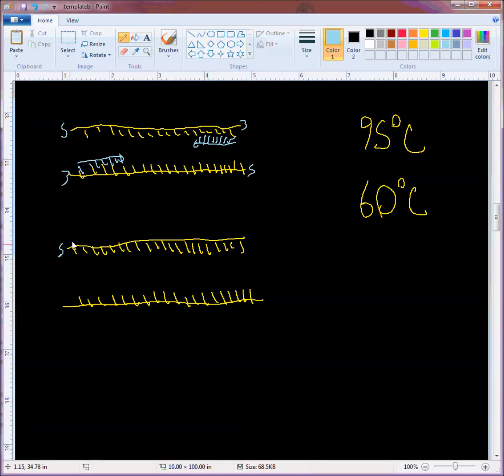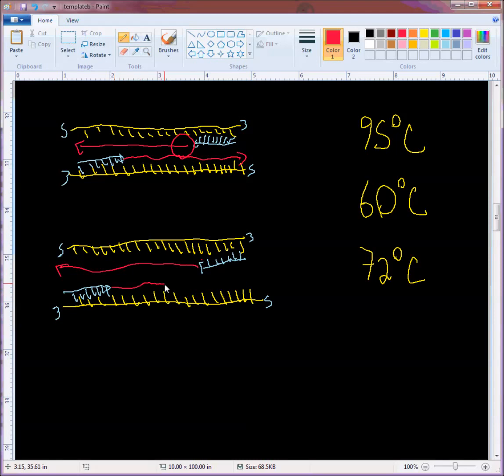Remember, the primers have 5 prime and 3 prime ends, and they have to match up with the templates. So the primers are annealing at 60 degrees Celsius. My hydrogen bonds are kind of messy here, but I think you know what's going on there. And then we raise the temperature, take that test tube and put it now at 72 degrees Celsius, and the polymerase binds here and extends these primers, so we make more copies of our DNA.